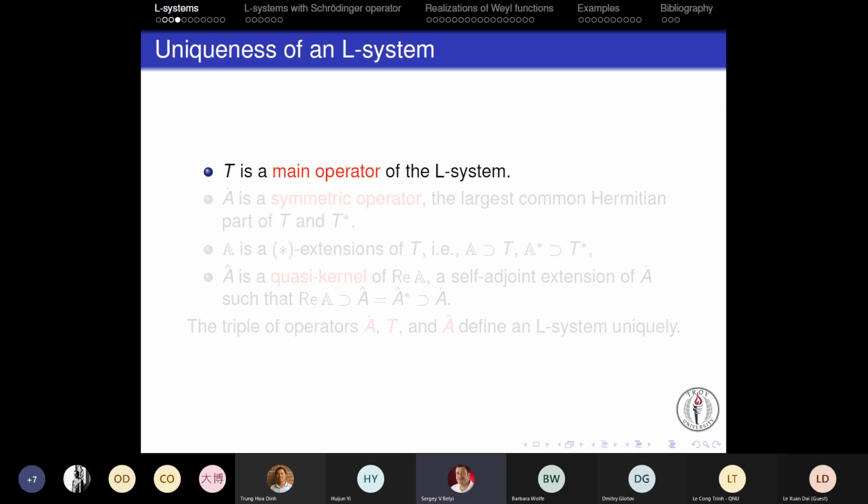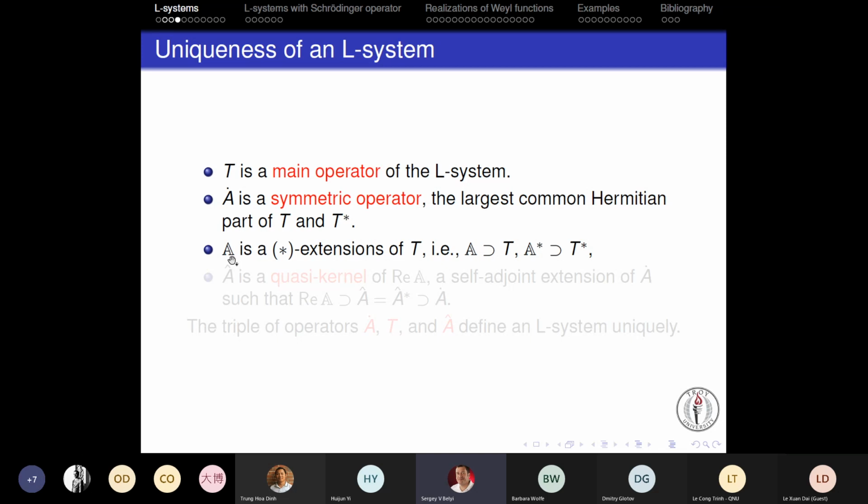We will be interested in three elements of an L system. T is the main operator, that's the unbounded operator we talked about. A dot is a symmetric operator, the largest common Hermitian part of T and T star.